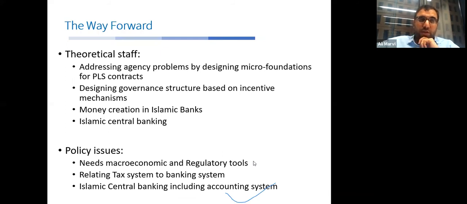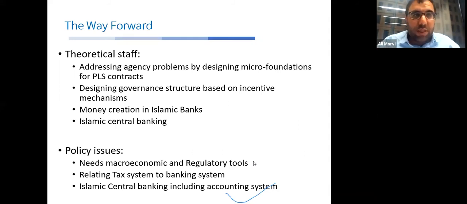In many countries, or maybe in all Islamic countries, the accounting system enforced on Islamic banks is totally similar to the accounting system used by conventional banks.